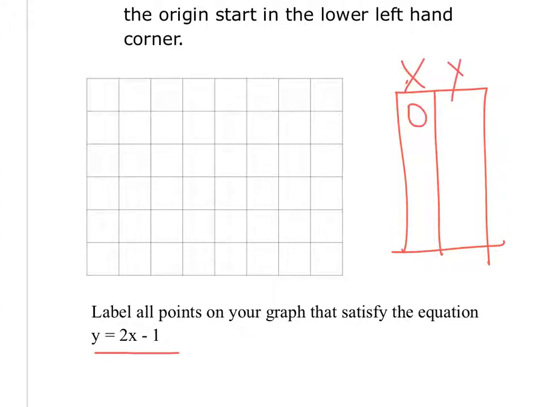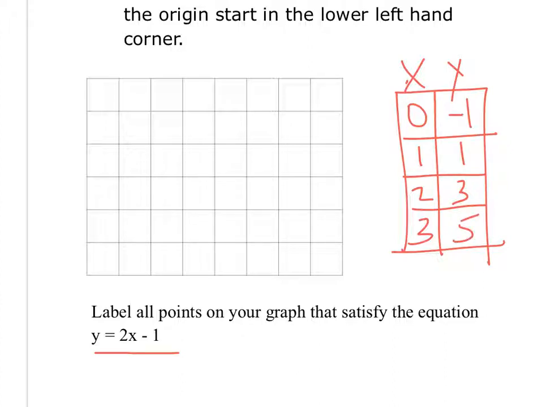So if I put in a 0, what do I get out? Well, 2 times 0 is 0, minus 1. I'd get minus 1. Well, that's not really going to fit on our graph. Then we put in a 1, we get 2 times 1 is 2, minus 1 is 1. If we put in a 2, we get 2 times 2 is 4, minus 1 is 3. If we put in a 3, we get 2 times 3 is 6, minus 1 is 5.